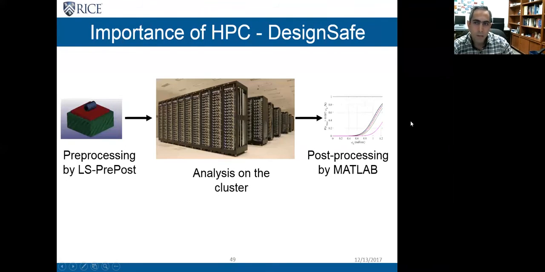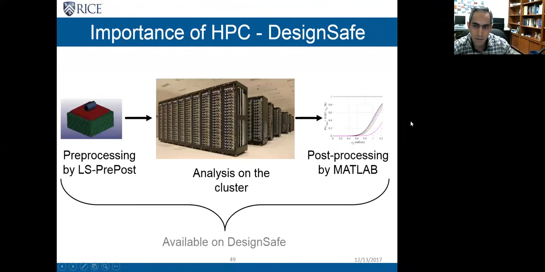One cool thing about DesignSafe is that now this entire process is available on DesignSafe. Recently, a colleague of mine and I tested this process on DesignSafe. We created a finite element model in LS-DYNA on DesignSafe, and then submitted that to Stampede. And then we did post-processing on the results.